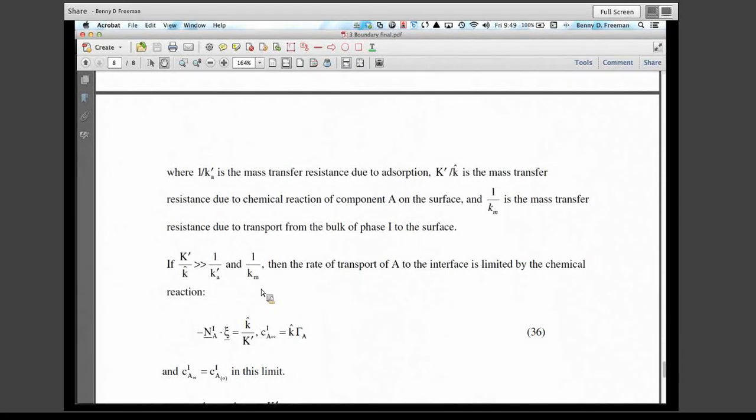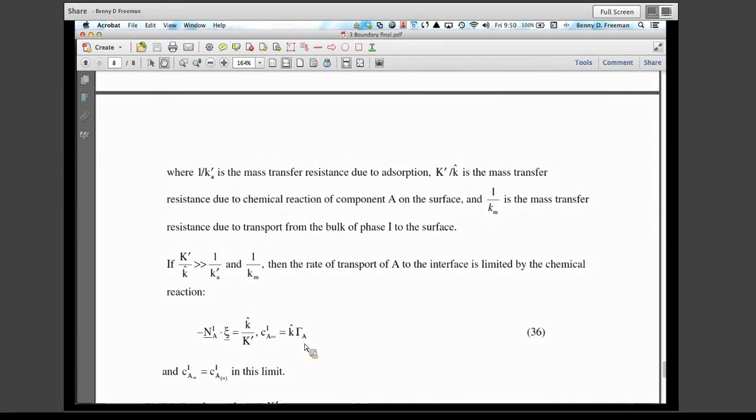And so if the reaction rate constant is very slow relative to the rate of adsorption and the rate of convective mass transport, then if you plug this result into the expression on the previous page, you can get that the flux is basically dominated by the chemical kinetics, and in that sense, Ca infinity is simply related to the reaction rate constant and the concentration of A at the surface.